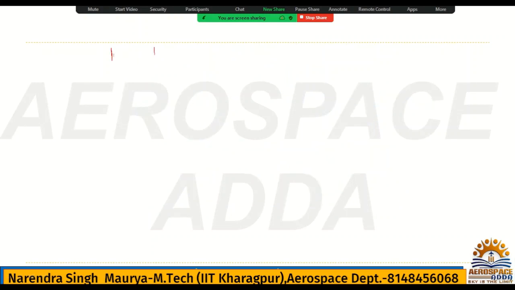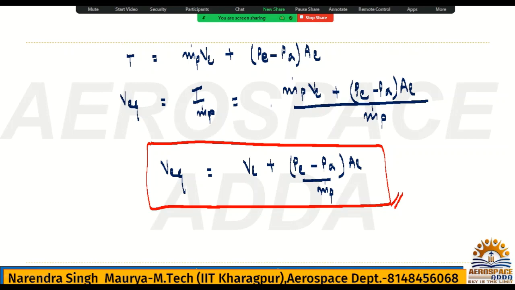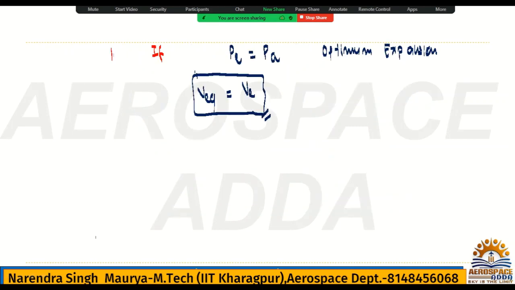Point one: if PE is equal to PA, which is the optimum expansion, then the effective exhaust velocity will be V exit.